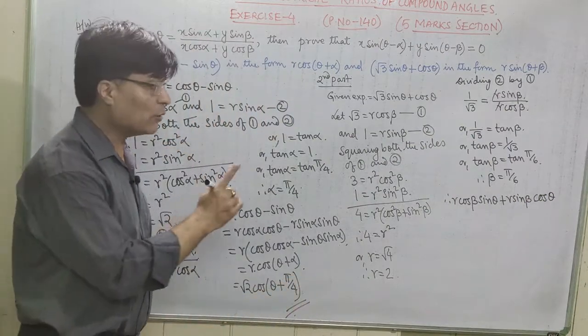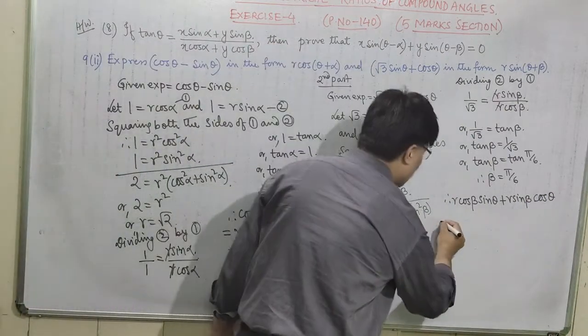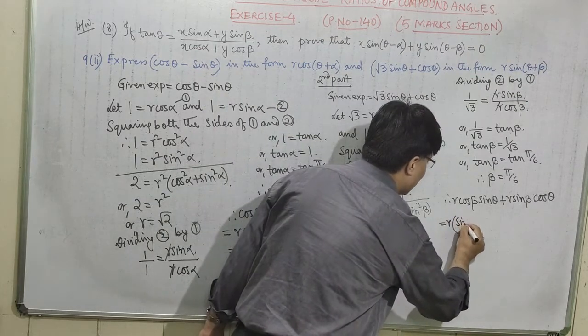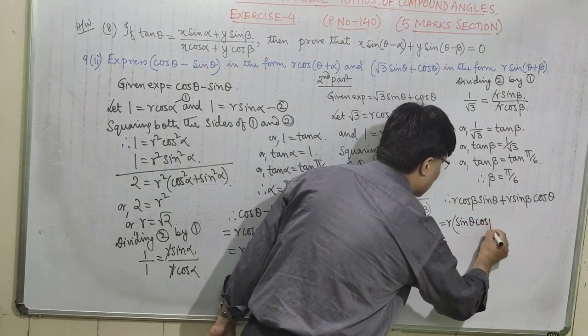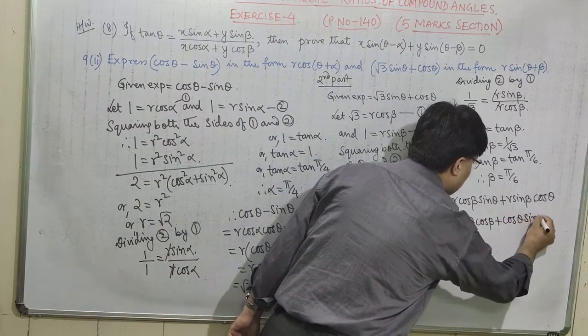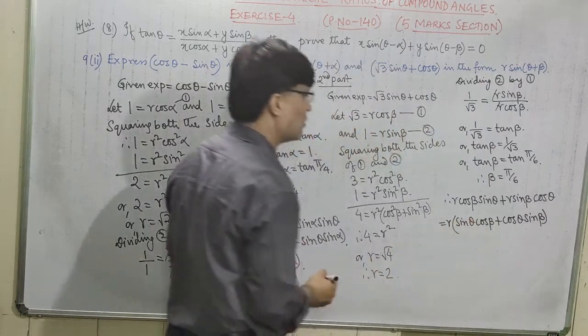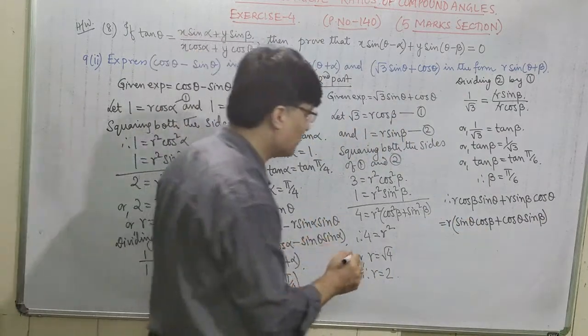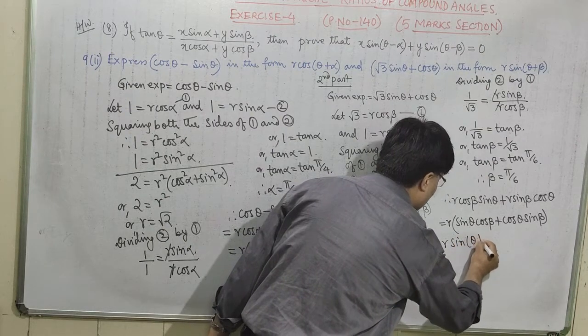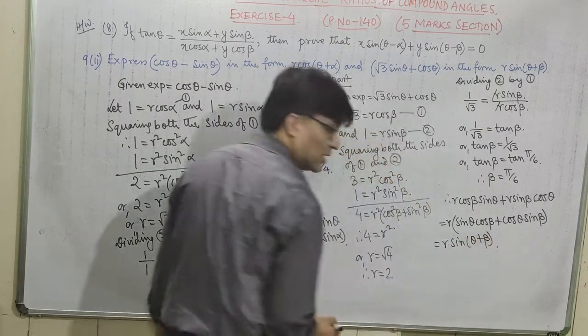Okay. So now you can take common here. What is common here? R within bracket. Let us write sine theta first. Sine theta cos beta plus cos theta sine beta. That is sine A cos B plus cos A sine B. What is the formula now? Which is equal to R sine of A plus B. That is theta plus beta.